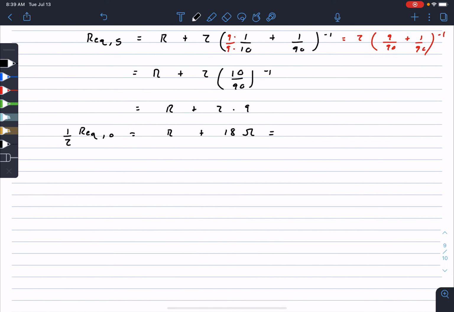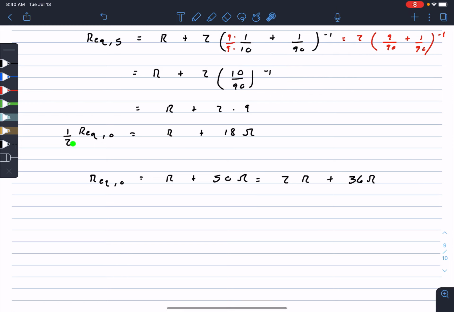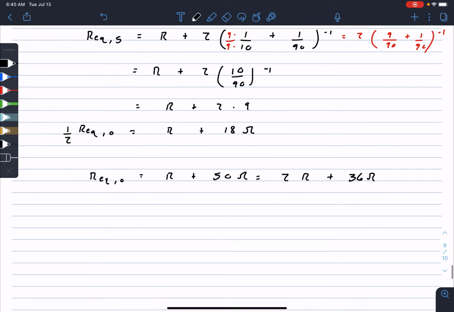Let's write R equivalent is equal to what we found earlier, R plus 50 ohms, and that's going to equal 2R plus 36 ohms, because I'm just taking this factor of 2 times R, 2 times 18. This is what we end up with.